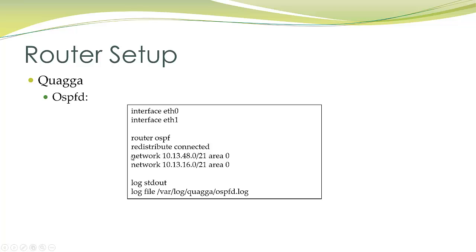So first, we have set up the network area 0, the backbone area, for IP address 10.13.48.0 with the /21 subnet mask. And another area is also connected to the OSPF protocol, which is 10.13.16.